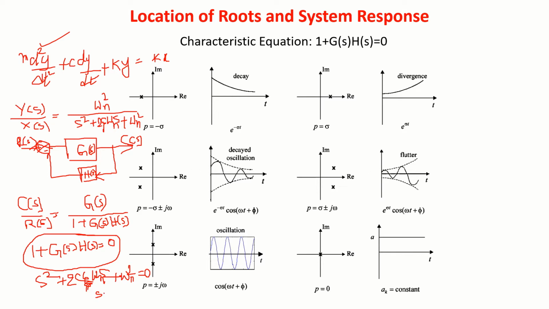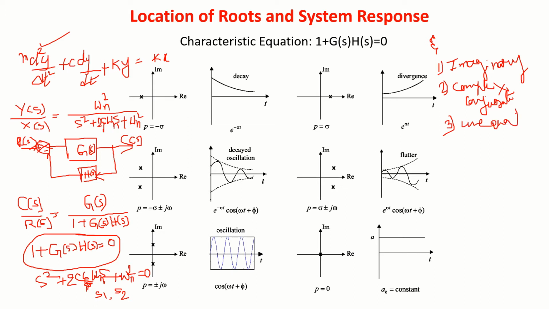So I will get two roots, s1 comma s2, and depending on the value of zeta, if I solve this equation, the roots can be: one, simply imaginary roots; two, complex conjugate roots; and three, unequal real roots.